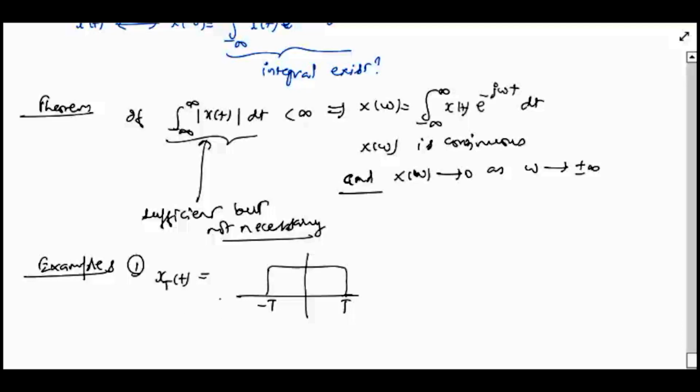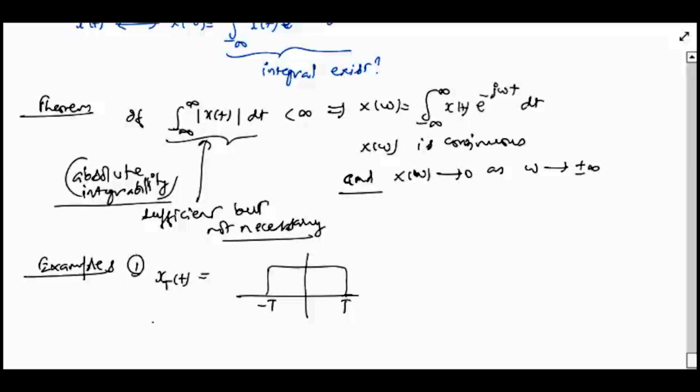Clearly this is absolutely integrable. This notion on the left hand side is called absolute integrability, and absolute integrability is enough to ensure existence of the Fourier transform.